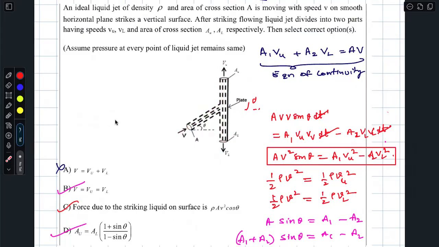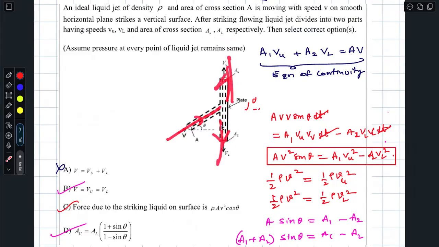After striking, the flowing liquid jet divides into 2 parts having speeds V upper, V lower, and areas A upper, A lower. Then the correct statements are: by the equation of continuity, input is A into V. Now this is input, this is a split.